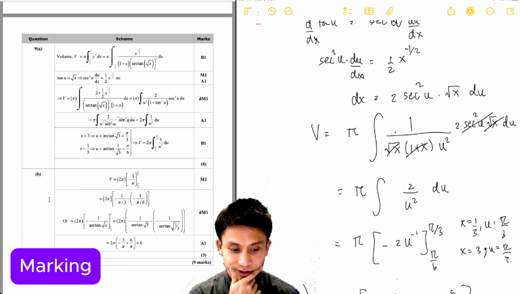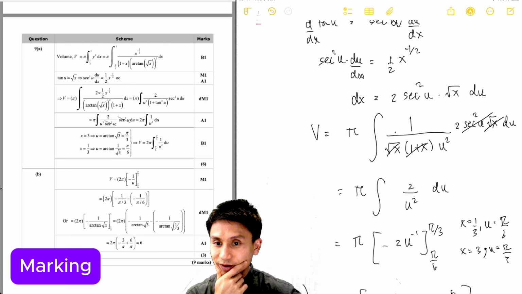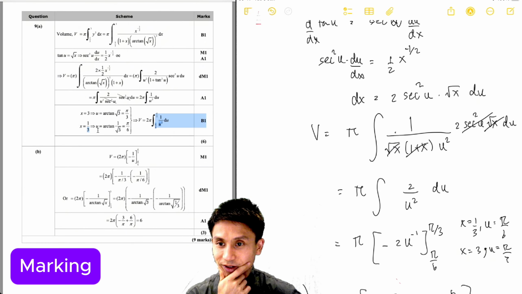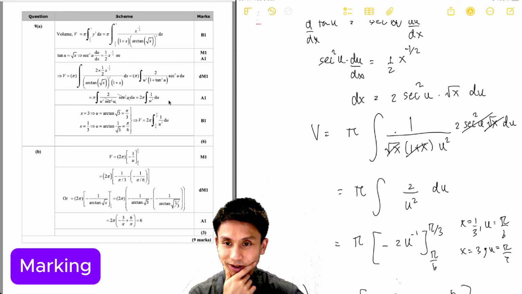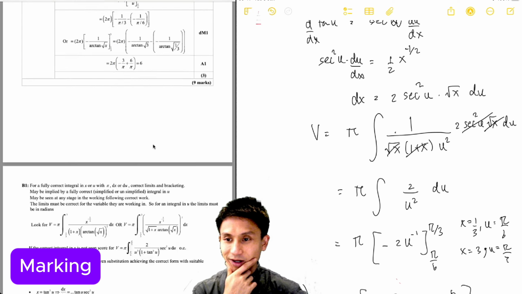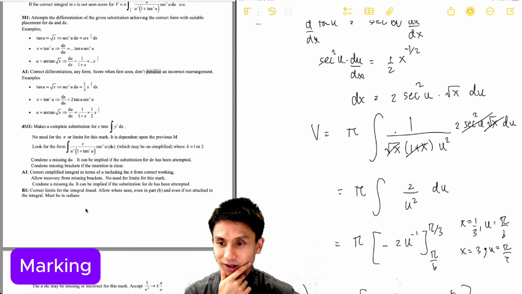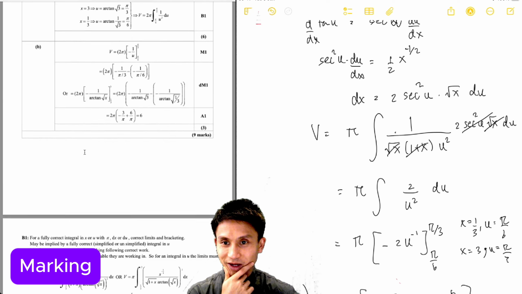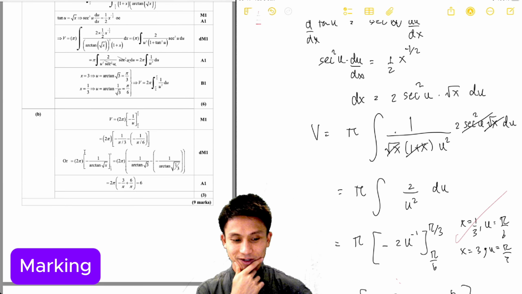But I already integrated. Let's have a look at B1 there, because I'm not sure about these marks. I think I got that mark, right? Because it's 2 pi 1 over u squared there. But then the B1 mark, let's see. Correct limits for the integral found, allow where seen, even in part B, and even if not attached to the integral, must be in radians. I think I got all of those right.